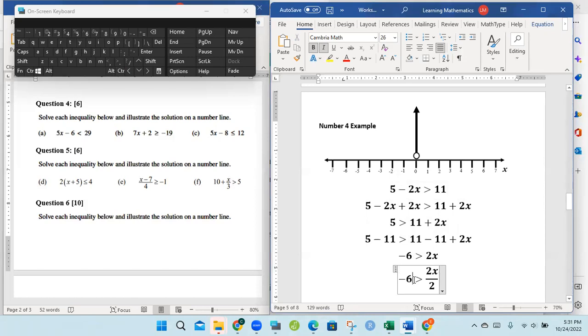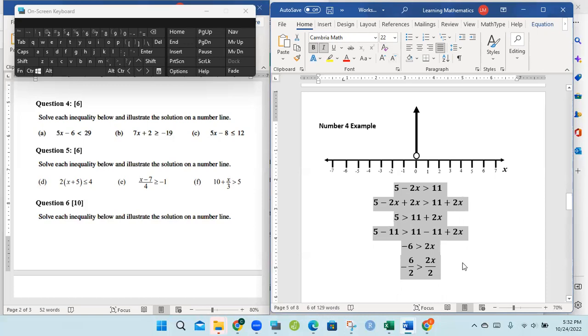Divide by a positive 2 on the right, divide by a positive 2 on the left. The 2 cancels out. And negative 6 divided by positive 2 will give us a negative 3.